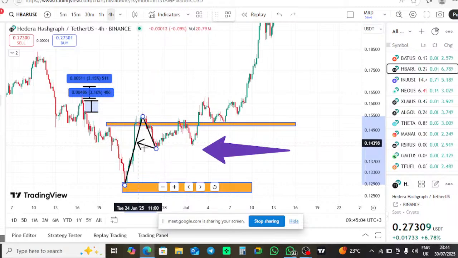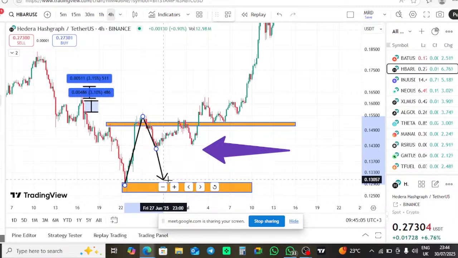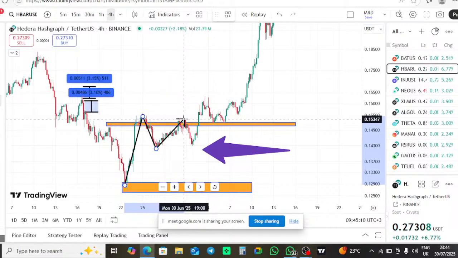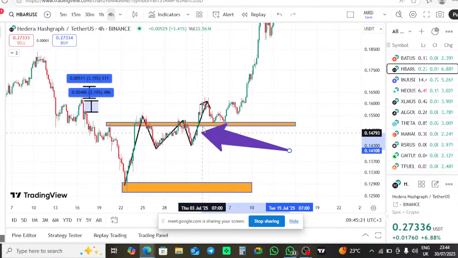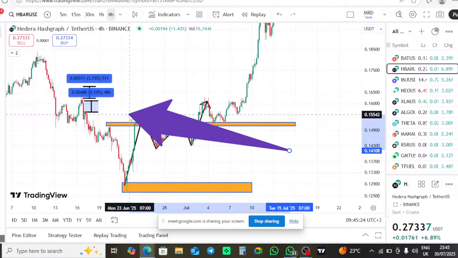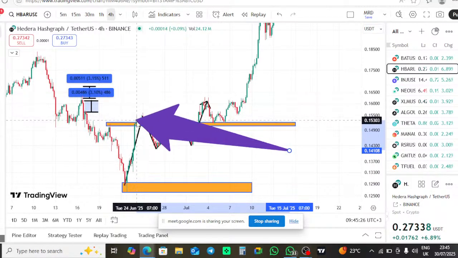It stopped from here. It never tested the what? The demand zone. Therefore, you must know that something is coming. Now, it tested here, again down. But finally, we closed above what? Above the supply level. Whereby, again we are above this previous high.